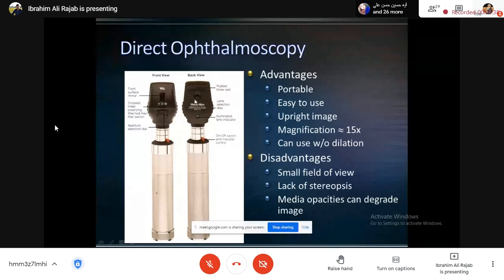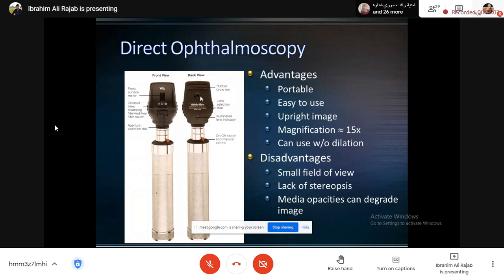We observe the retina and the optic disc through this aperture, this perforation. There is a source of light inside the direct ophthalmoscope, so we will have an illuminated fundus.